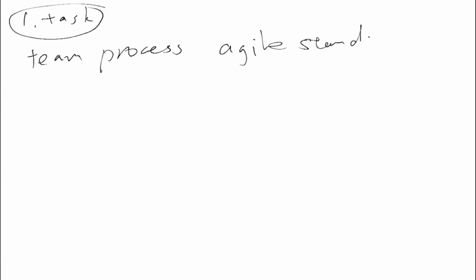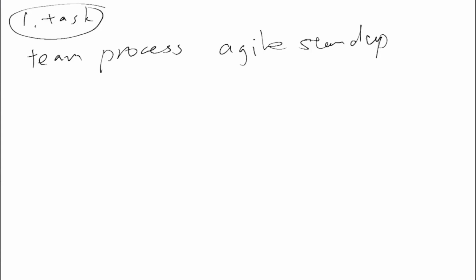This is quite a small ticket. But before I explain what the task is, in a team we have a team process. Because we are not an emergency service, we follow an agile process, which means we have a stand-up every morning to update the team.